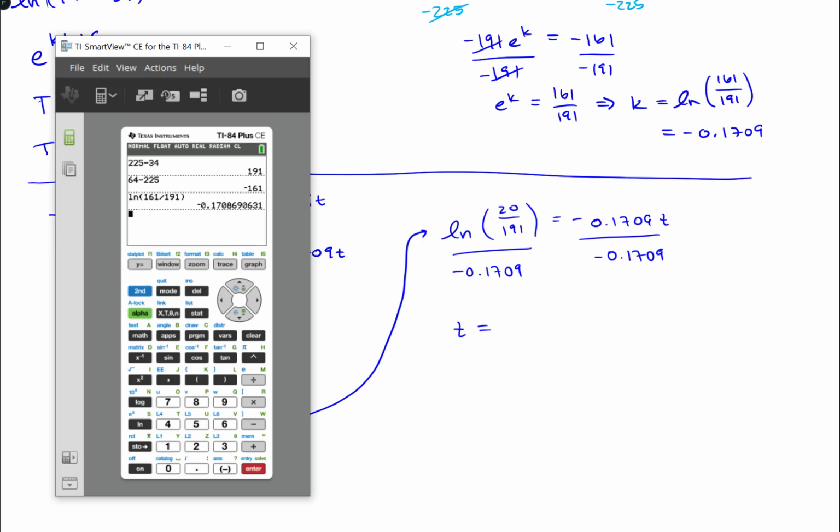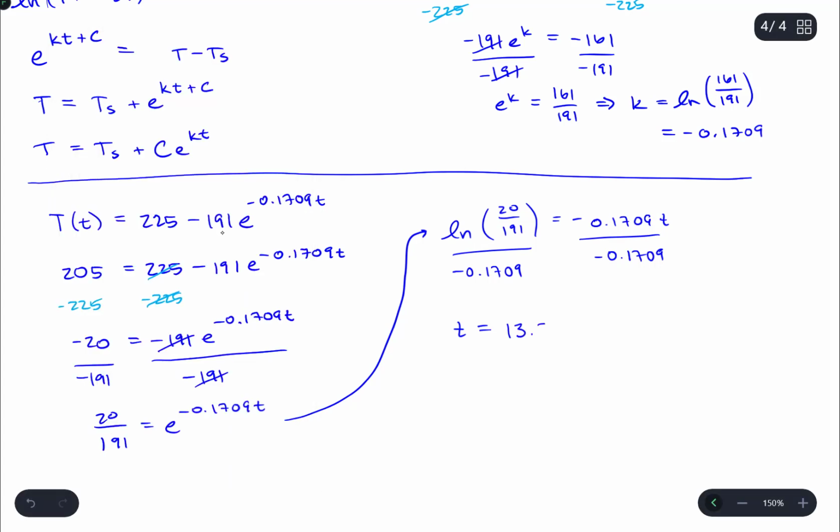So it's the natural log of 20 divided by 191, and then divided by this thing, which I'm going to use the previous answer since it's already stored as many decimals as the calculator can use. And it looks like I get 13.2 hours. All right, and there we go.